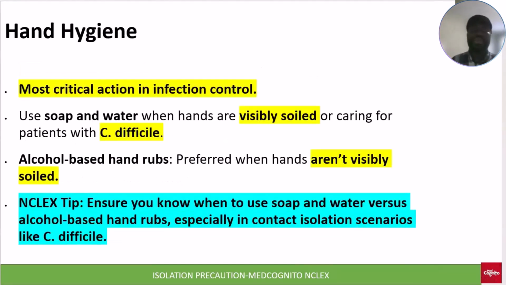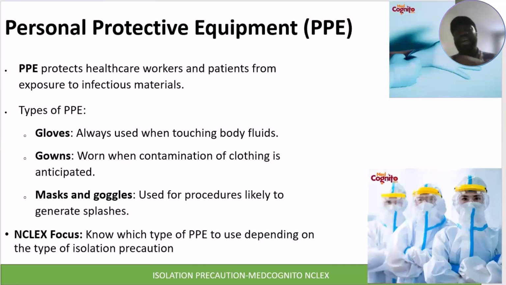Okay, all right. So now, what about personal protective equipment, PPE? I remember during the COVID period, it was a big thing. Everybody was talking about PPE. Now, PPE, personal protective equipment, protects healthcare workers and patients from exposure to infectious materials. Now, what are the types of PPEs?